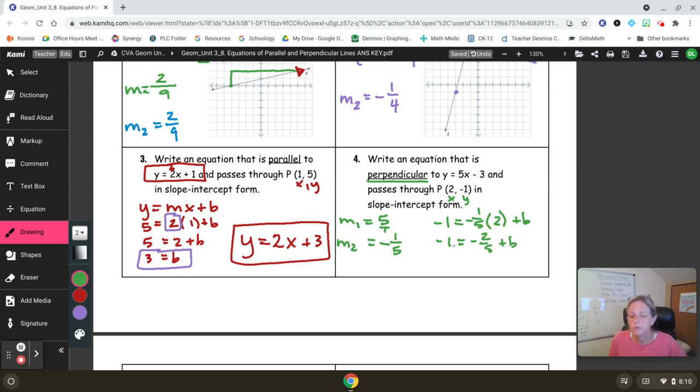When I add 2/5 over here, I have -1 plus 2/5. Remember, -1 would be -5/5, so that would give me -3/5 is my b. And now I can write my equation. Y equals, my m is -1/5 x minus 3/5 is my b. There's your equation.